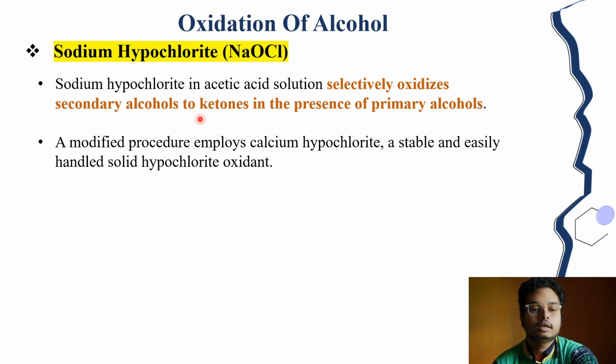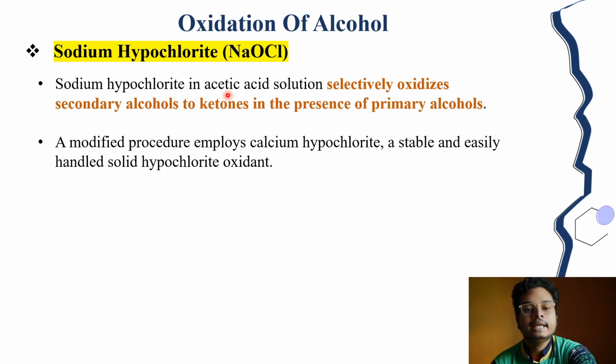Next we talk about another oxidative agent, sodium hypochlorite. Here we come to the selectivity part. If you have both primary and secondary alcohol in your compound and you want specifically the secondary alcohol to be oxidized, then sodium hypochlorite is used for that job.